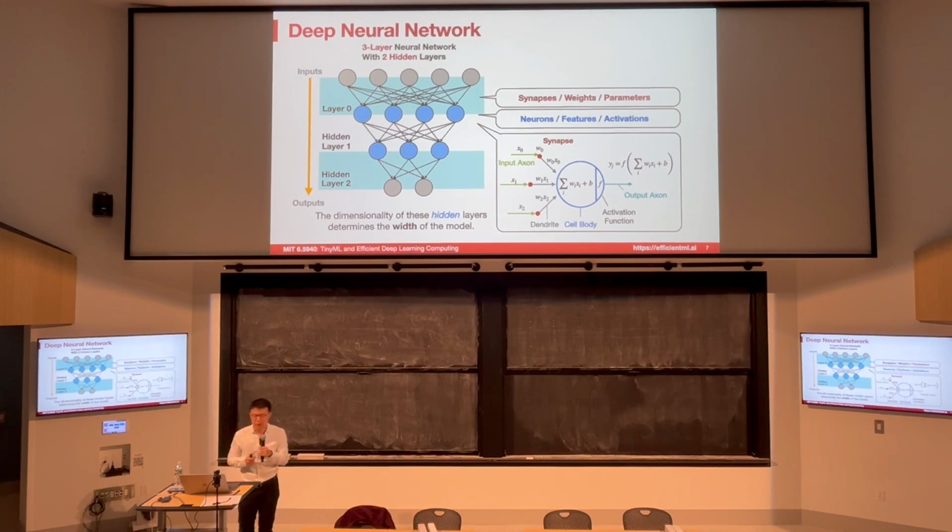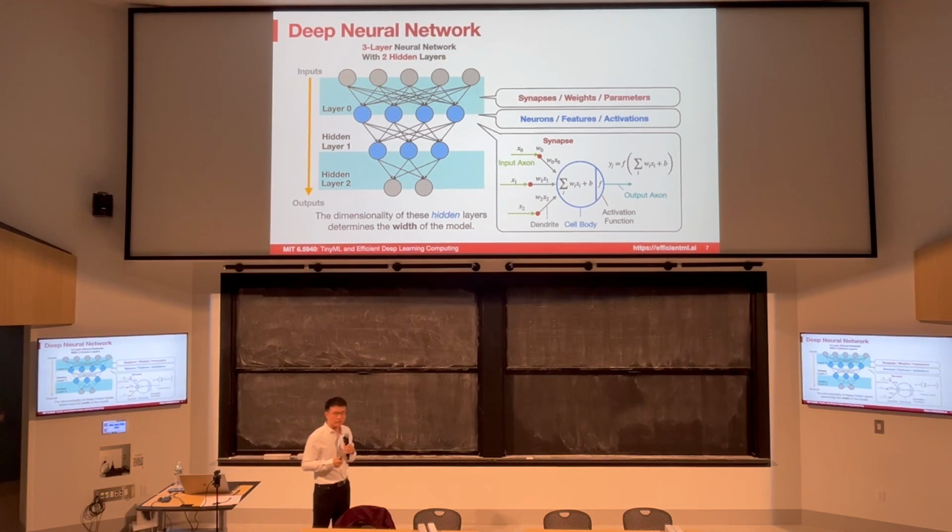In this example, we have a 2-layer neural network and get an output. The dimensionality of these hidden layers determines the width of the model. The width of the model matters a lot to the efficiency of neural networks.